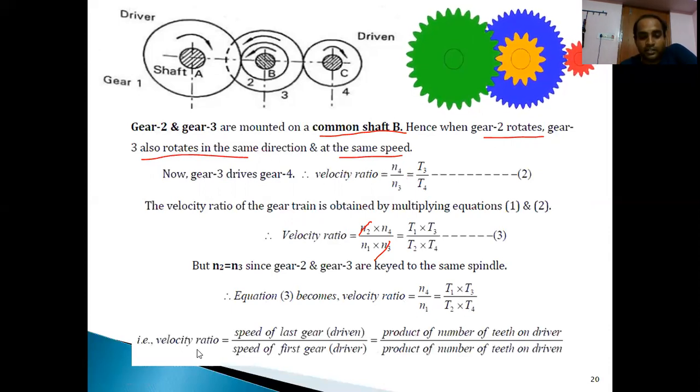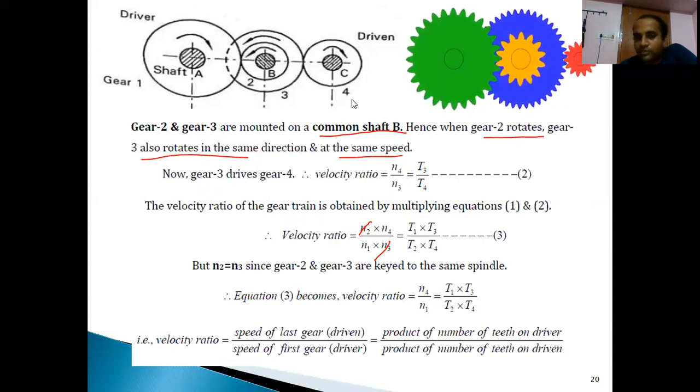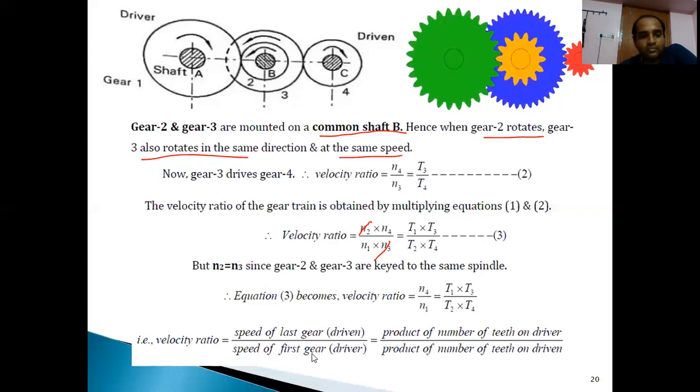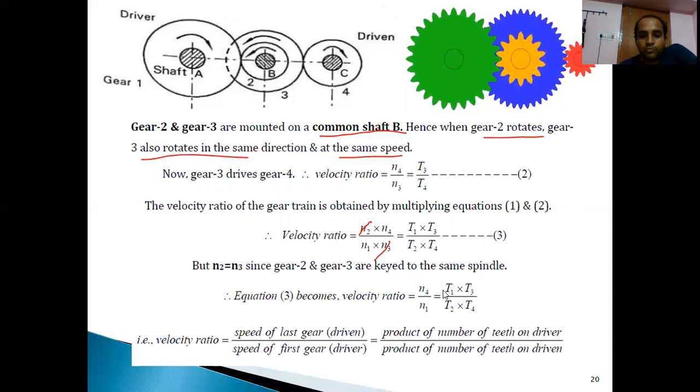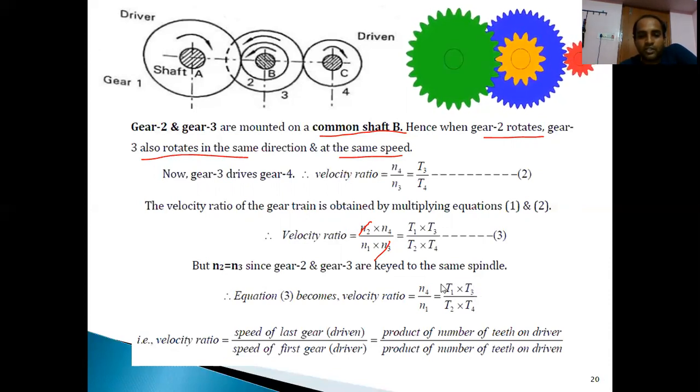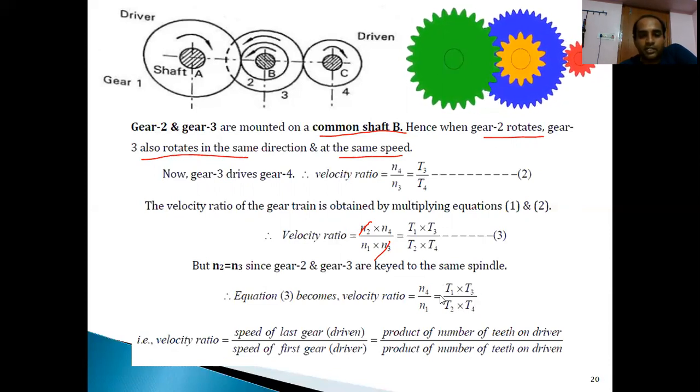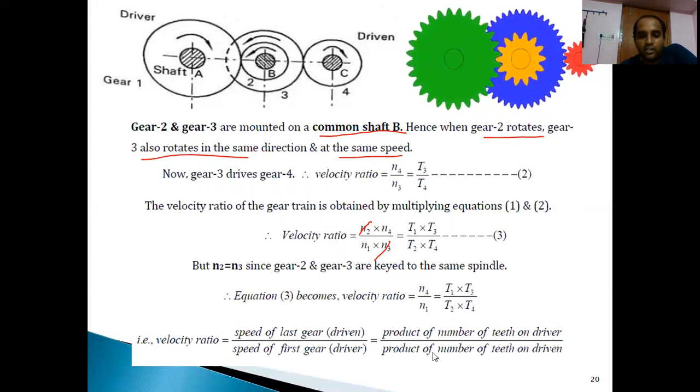Therefore, what you can write? Velocity ratio is nothing but the speed of the driven gear, that is the last gear, to the speed of the driver gear, that is the first gear, which is equal to the product of the number of teeth on the driver gears to the product of the number of teeth on the driven gears.